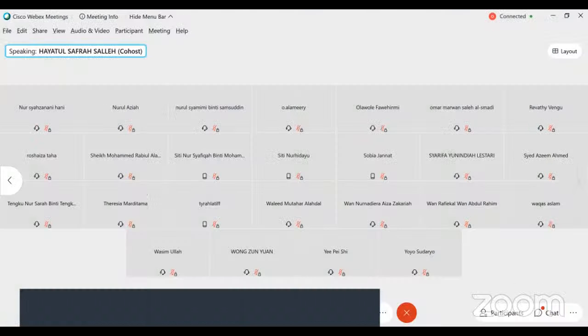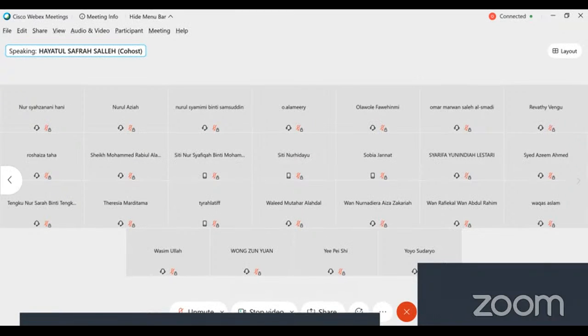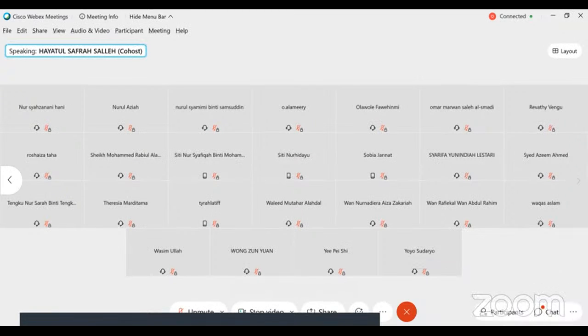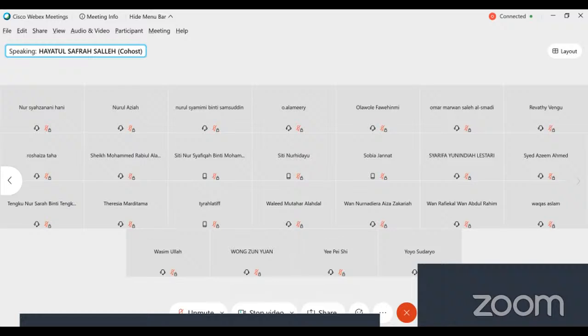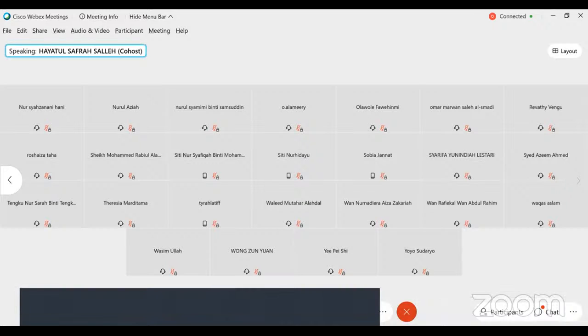In one of his workshops, Prof. Ramaya kept telling us we can use non-probability sampling. Okay, we can use it, even in a PhD, but you have to justify why you use it.